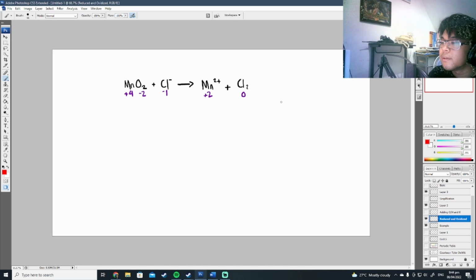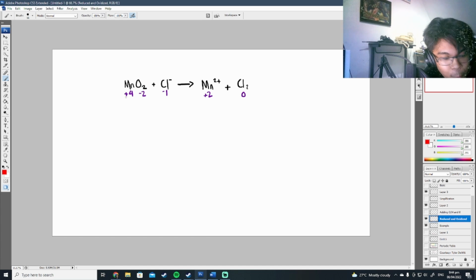So what we have to do now is determine which element is reduced and which element is being oxidized. Very easy.